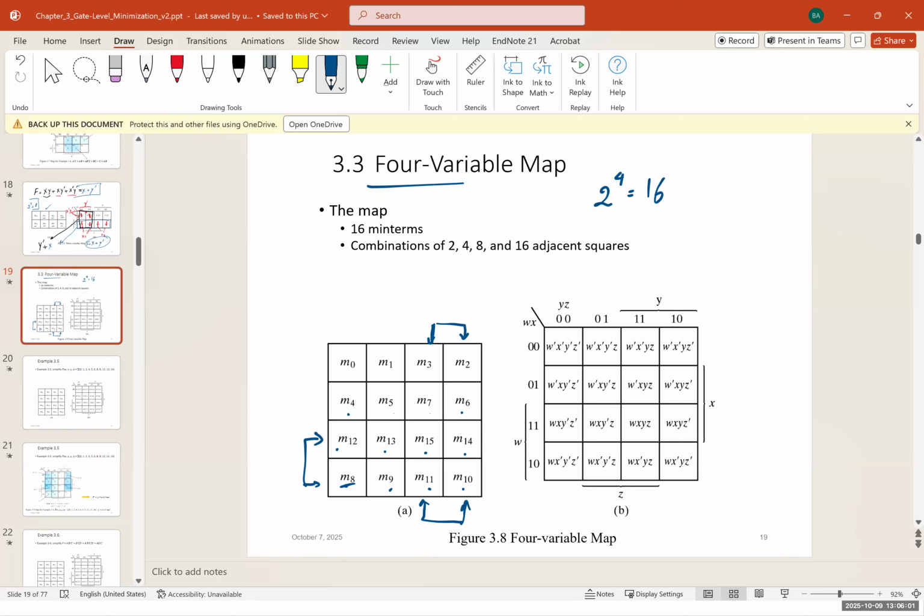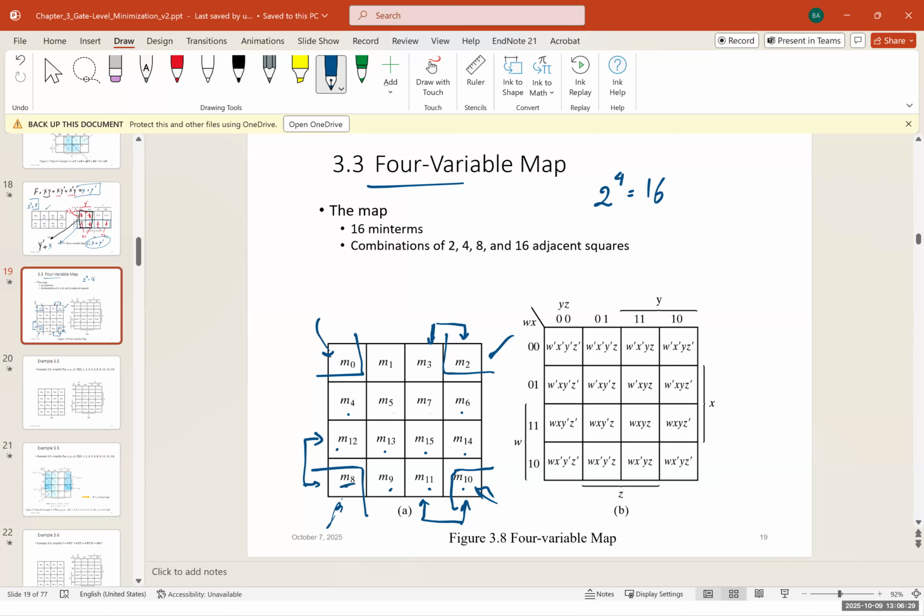Again, we can have combinations of 2, 4, 8, and 16 adjacent squares. The squares which are at the end could be paired. So for example, I can pair M1 and M0 and M2, and I can also pair M8 and M10. And I can also pair all 4: M0 with M2, with M8, with M10.